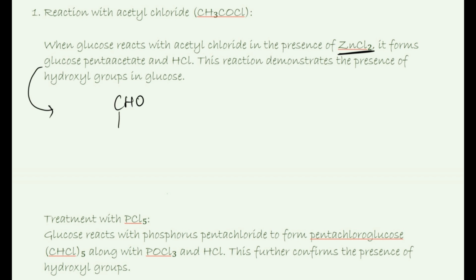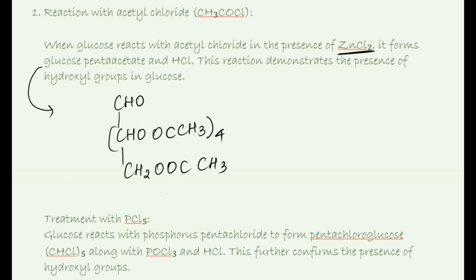We are going to do the structural elucidation also. And then OCOCH3 4 times, and then CH2OCOCH3. That is glucose pentaacetate. Along with that, HCl will be produced.